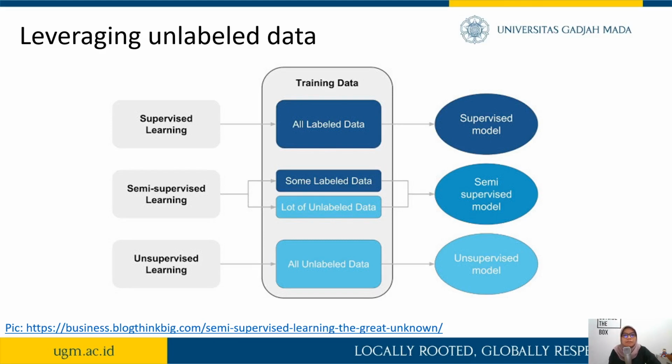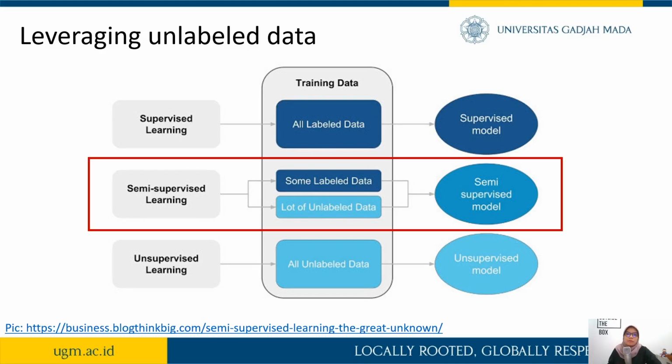So the difference between these methods is in how much labeled data is used in the training time. For this tutorial, I'd like to focus more on semi-supervised learning, on how we could leverage the unlabeled data.